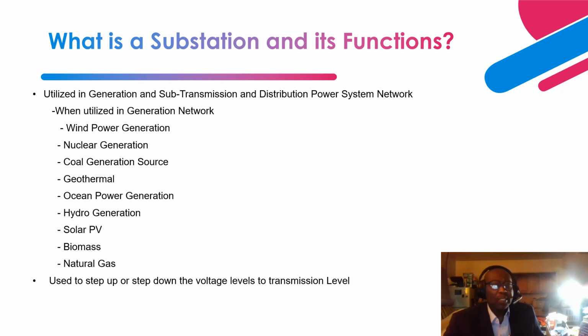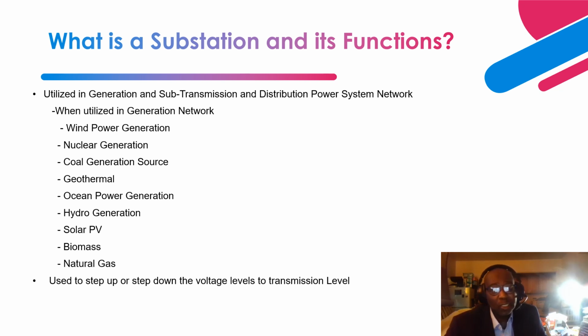Now, let's talk about what a substation is and the functions it is supposed to perform. It is utilized in the generation, sub-transmission, distribution power system network. As you can see, a substation integrates in between these flow lines. It starts from the generation end, where you have a substation or a switchyard integrated between the generation and transmission level.